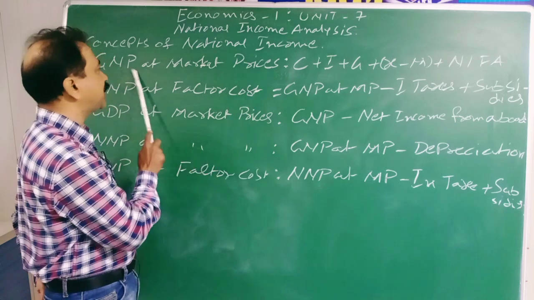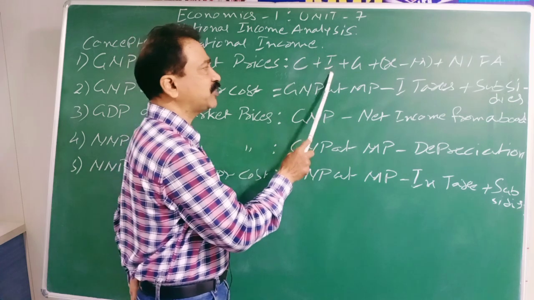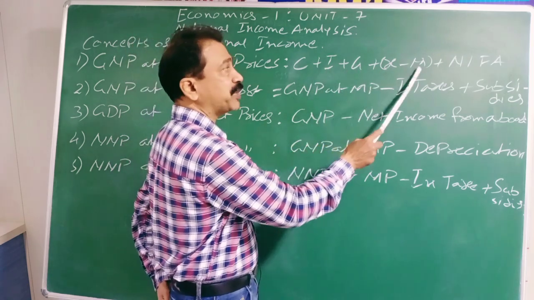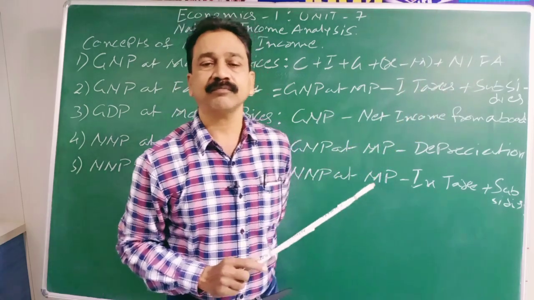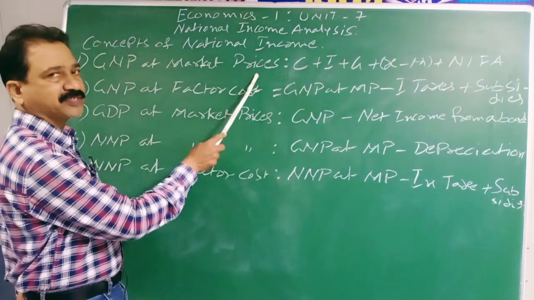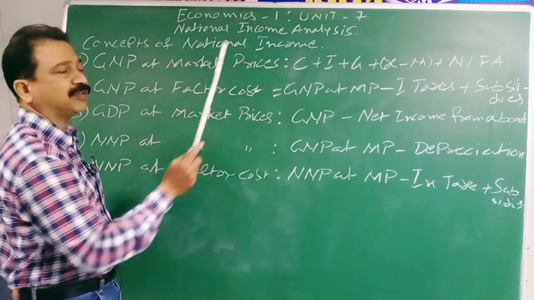So GNP at market prices equals consumption plus investment plus government expenditure plus X minus M, exports minus imports, plus net income from abroad. When you put all this together, it makes GNP at market prices. With market prices, we multiply all these things.